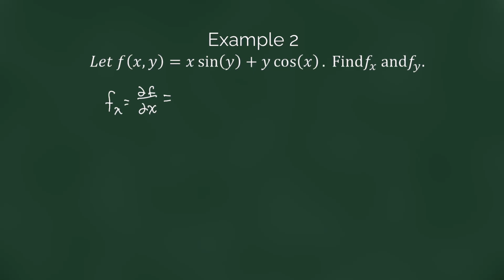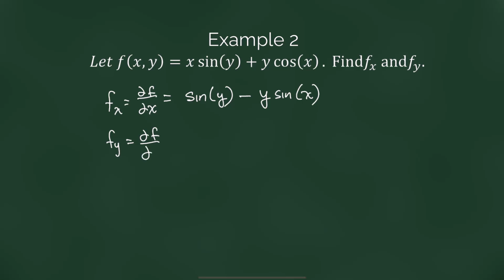But since y is being treated as a constant, sine of y is just a constant, so that is just going to be sine of y. In the second, y is a constant times the cosine of x. The derivative of cosine of x is negative sine of x. So we're going to get negative y, that comes along for the ride as a constant, times the sine of x.